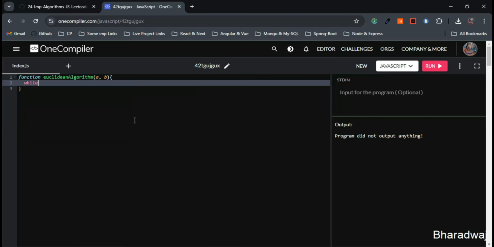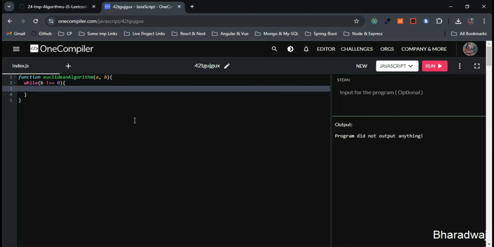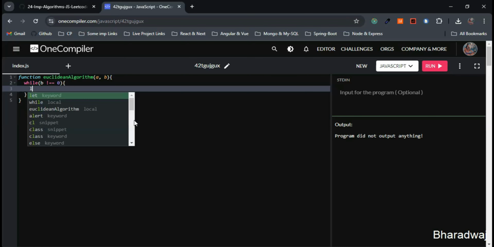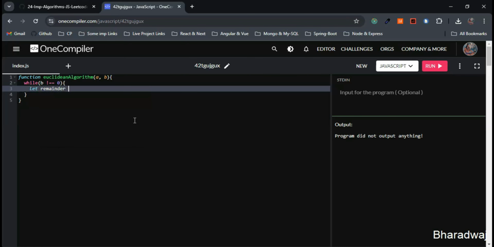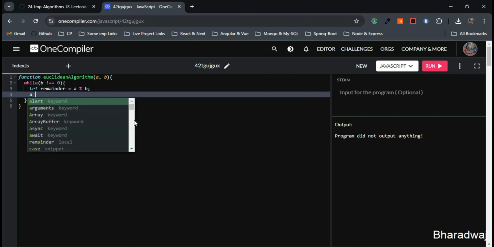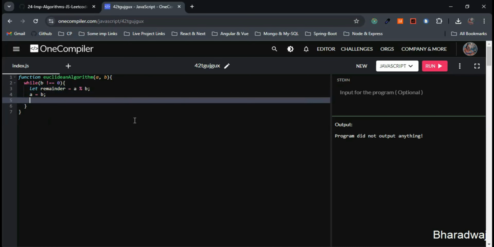I'll make use of a while loop: while B is not equal to 0, we calculate the remainder of the division of A by B. I'll write remainder equals A modulo B. Then we update A to be the value of B, so A equals B, and finally we update B to be the calculated remainder, so B equals remainder.